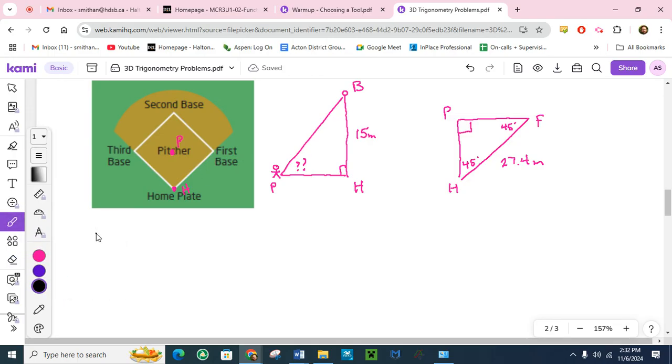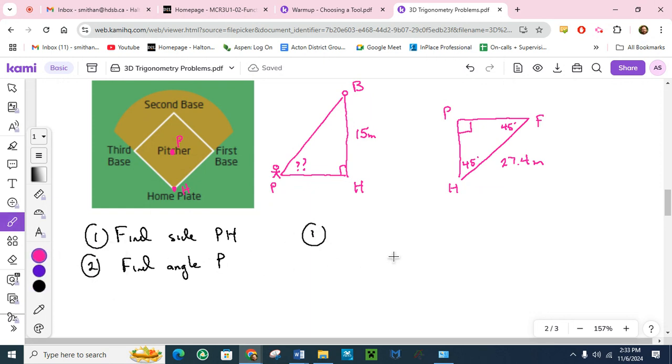So maybe over here, I'll just say 1, find side PH, 2, find angle P. You guys got options.